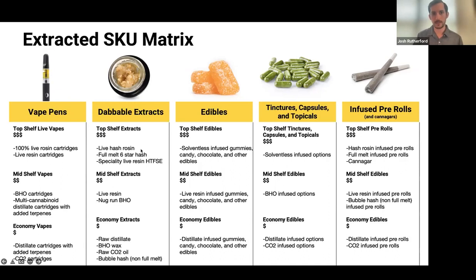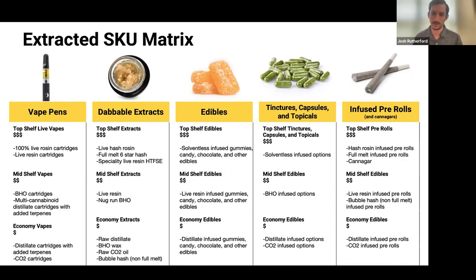Then you have your dabbable concentrates. Top shelf extracts are going to be your live hash rosin, your full melt 6-star, your sauces, your HTFSE types of live resin. Then you're going to have your mid shelf extracts of dabbable concentrate, which is going to be your live resin, like your butter or your nug run BHO, where you're going to have a little bit more flavor, a little bit higher yield.